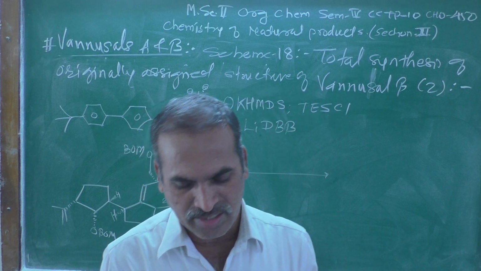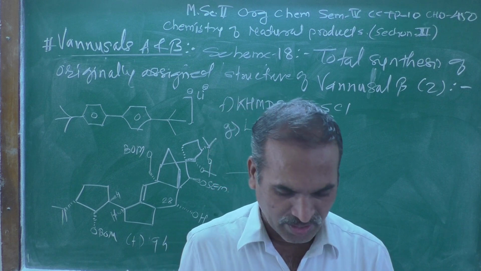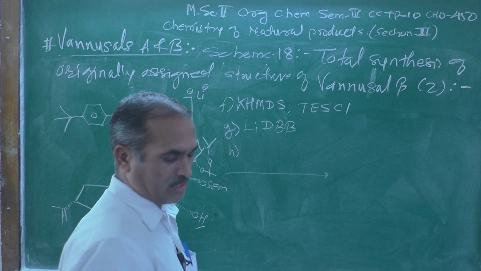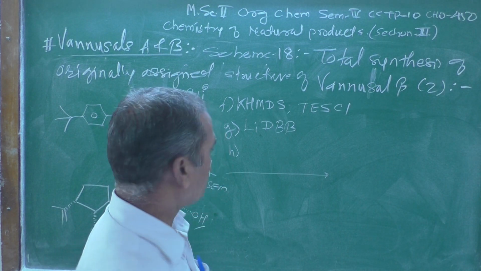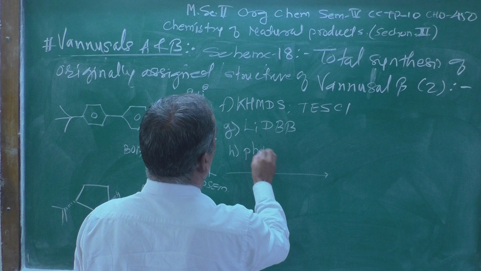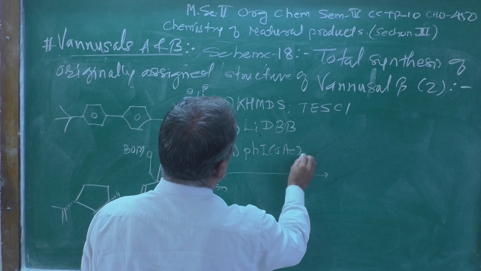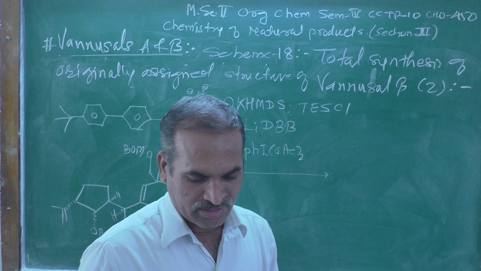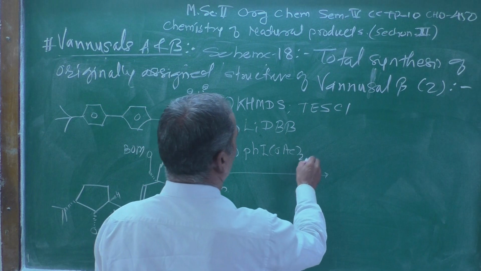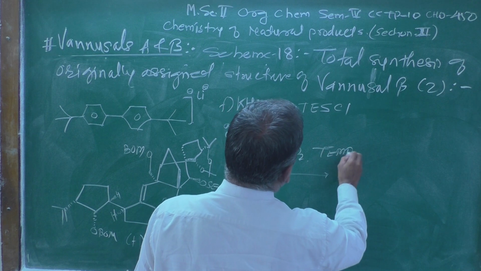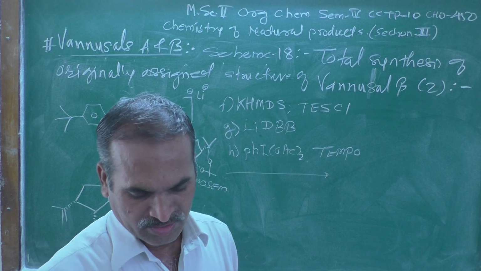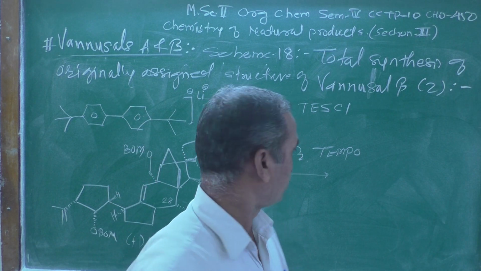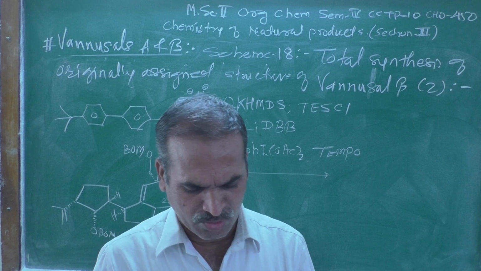It acts as a base in this particular synthesis, and after that the reagent is H reagent, which is nothing but PhI(OAc)2, phenyl iodine diacetate, then TEMPO, which can be used as an additive over here.